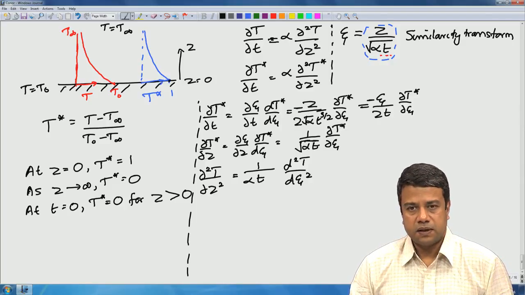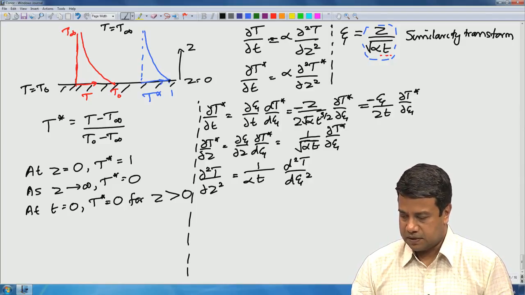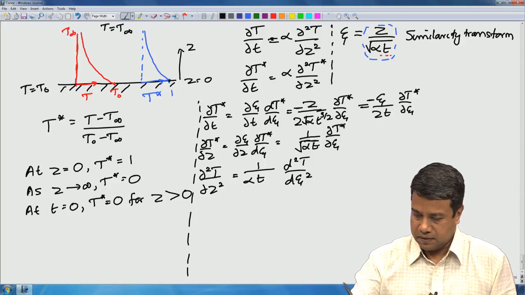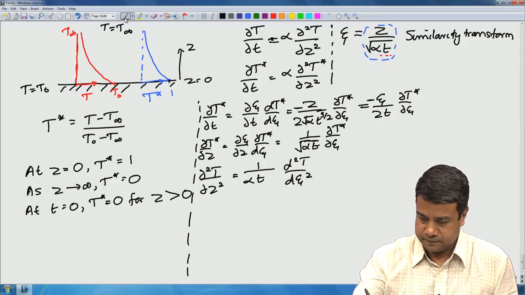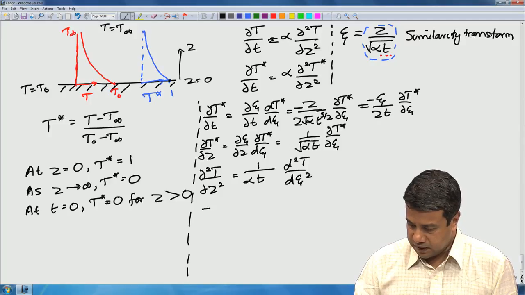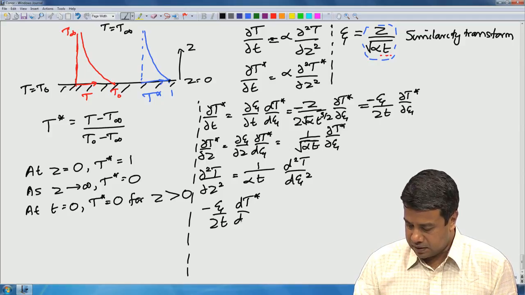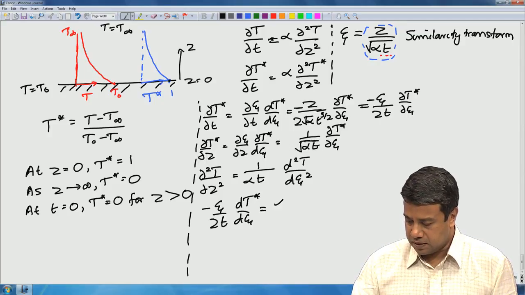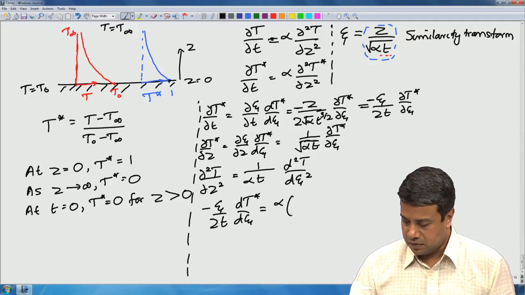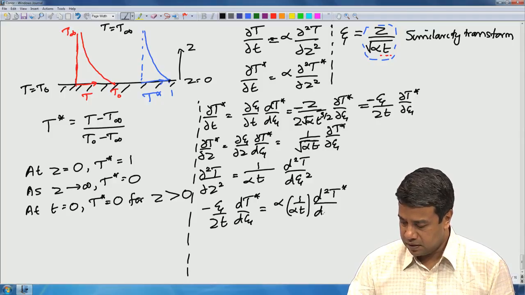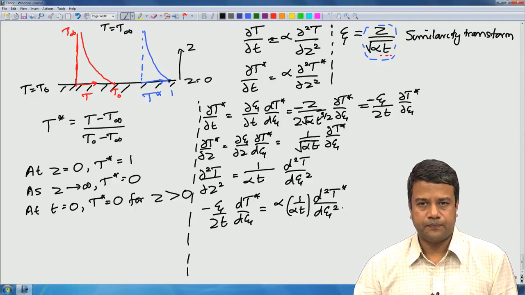So, now we put that into the conservation equation. And what I get on the left side is minus psi by 2t dT by d psi is equal to the thermal diffusivity into 1 over alpha t d square T by d psi square.